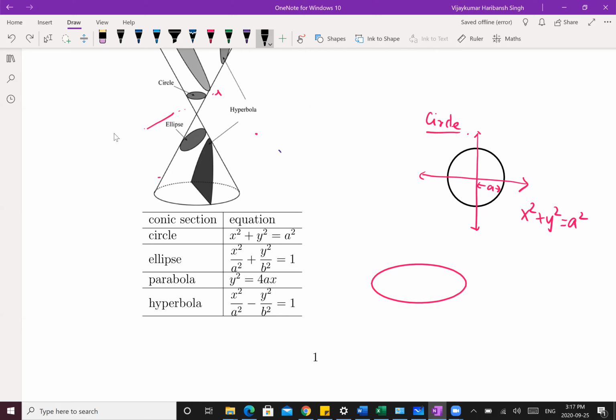If we draw it, then we have this point (a, 0), (0, b), and so on, (-a, 0) and (0, -b). So this is your ellipse.